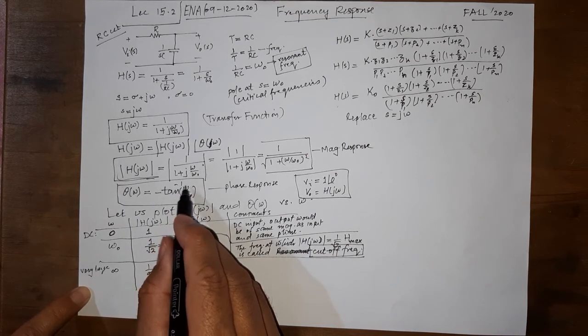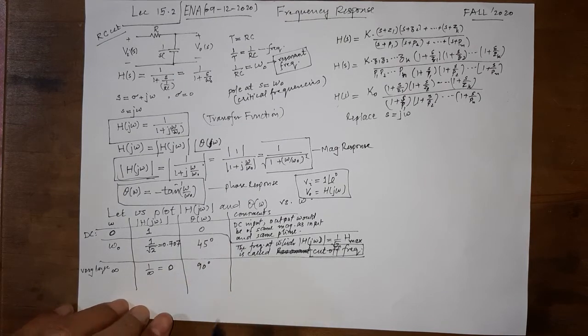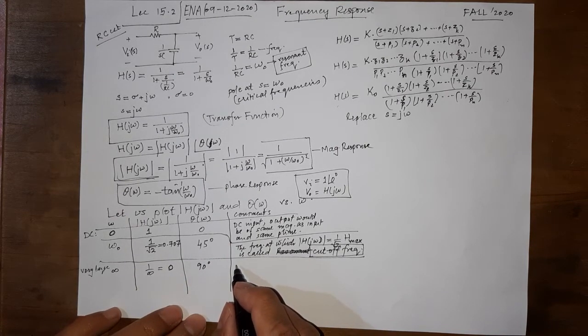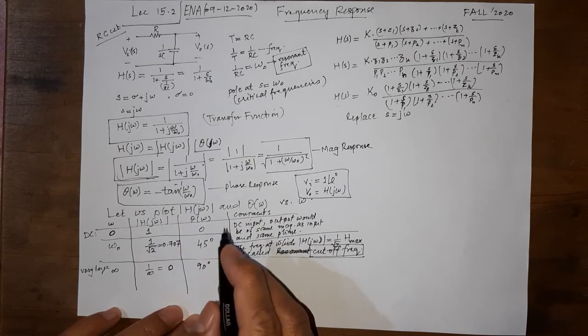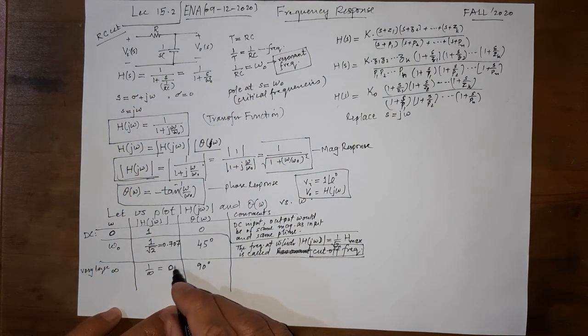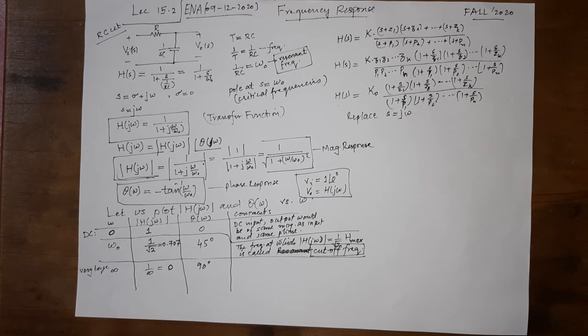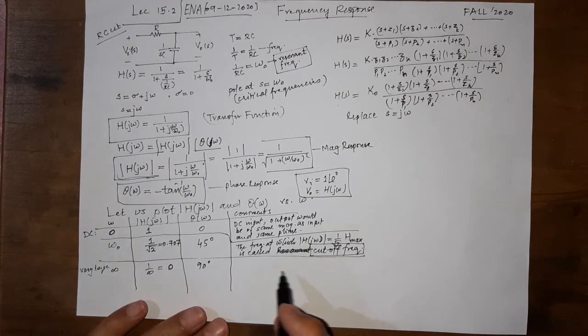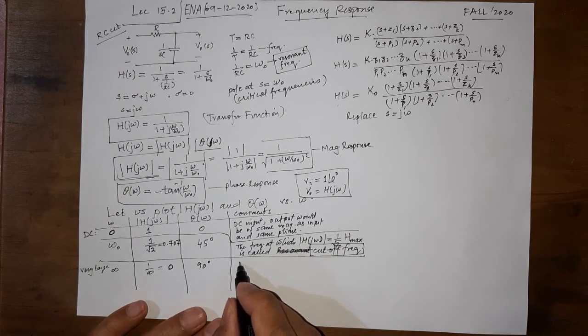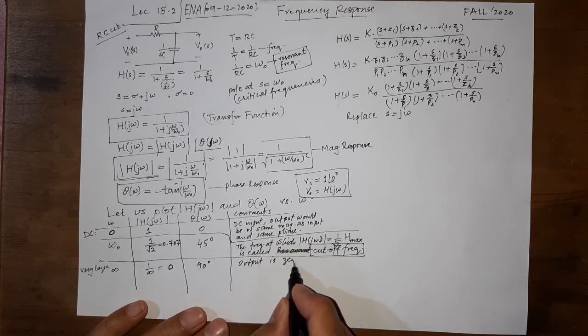And tan inverse of infinity is 90 degrees. So what does this mean? If we have a very large frequency of the input for this particular circuit, the output would be 0 and the phase angle would be 90 degrees, actually meaningless, but I have just used mathematics to describe this.